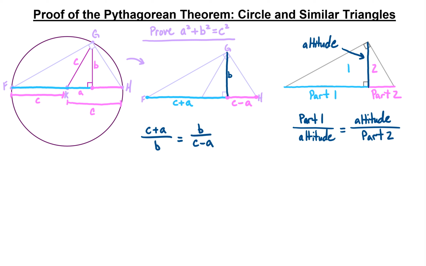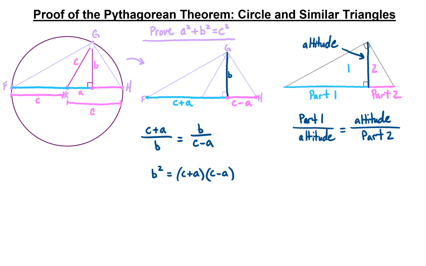So what we're going to do here is cross multiply. When we cross multiply, we get b times b, so b squared equals c plus a times c minus a.